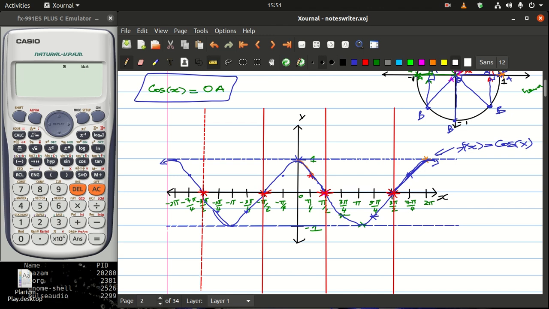It's not going to touch at all. It's not going to touch at these points.